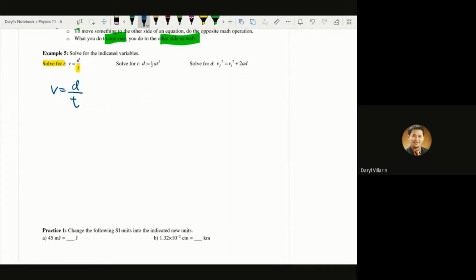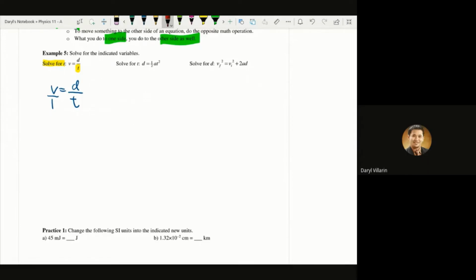So in this case, the right-hand side is in fraction form, d over t, but if you can remember, any whole number can be represented as a fraction if you place 1 on the bottom. So v over 1 is just the same thing as v. That is just to show explicitly that one side can be expressed in fraction form, the other side is also in fraction form. I want to get rid of my t.